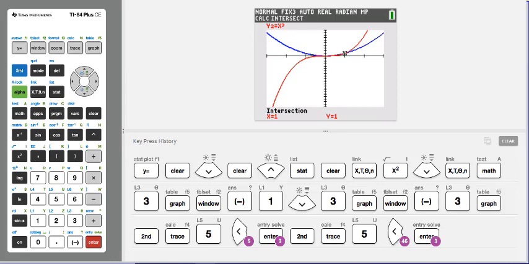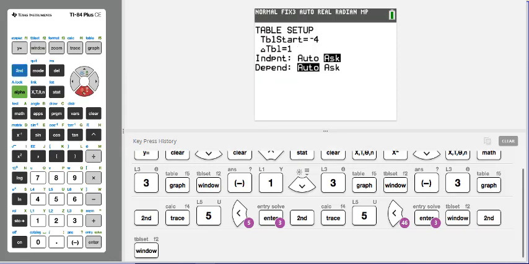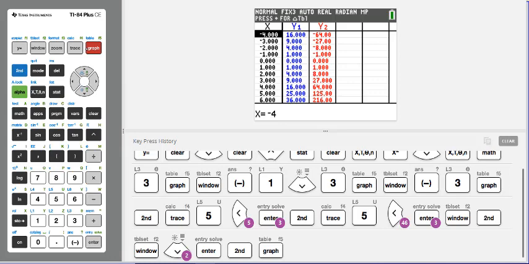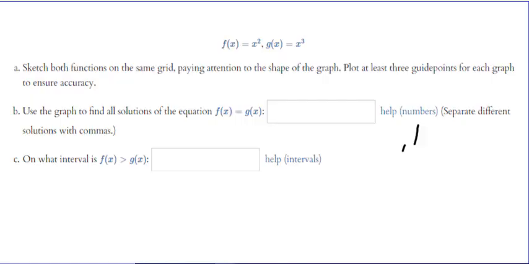Let's look at a table. Let's go second window, auto. Second table. 0, 0, and 1, 1. So you just got to be careful on that one. I knew it was at 0, 0, but it's hitting at 1, 1. So 0, 0, and 1, 1 is where they intersect.